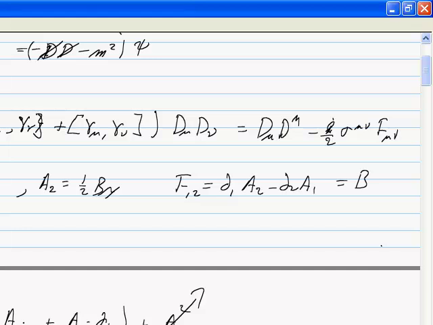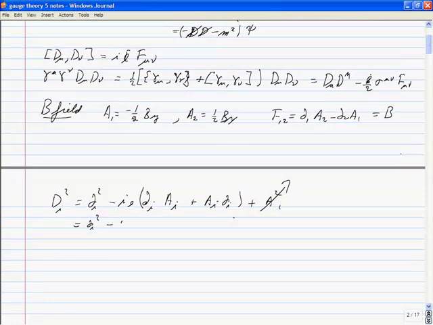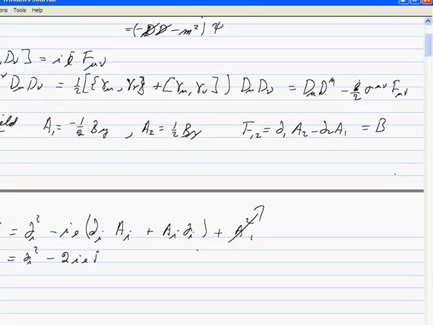So this is D_i squared minus 2ieB over 2 times (x ∂/∂y minus y ∂/∂x), which is our r cross p, equals L, up to factors of i.